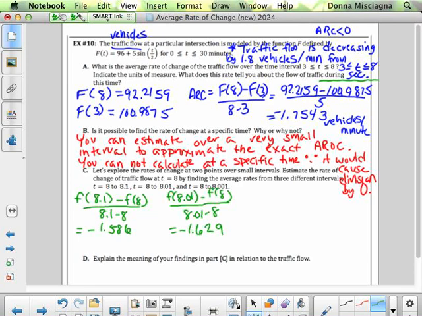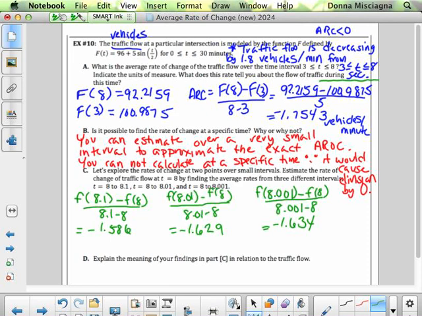Plus, I don't have enough space to write vehicles per minute for every single one of these. And then we have f of 8.001 minus f of 8 divided by 8.001 minus 8, and I got negative 1.634.